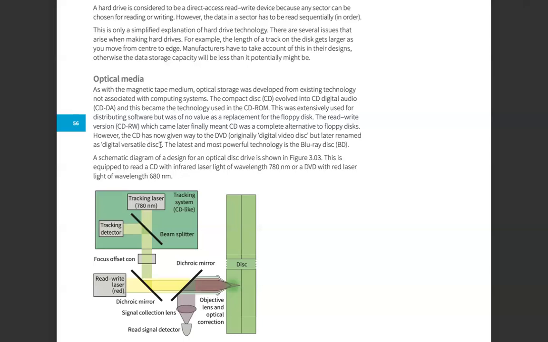However, the CD has now given way to the DVD, which is originally digital video disc, but later renamed as digital versatile disc. So the latest and the most powerful technology is the Blu-ray disc. That's what we call Blu-ray disc, BD.